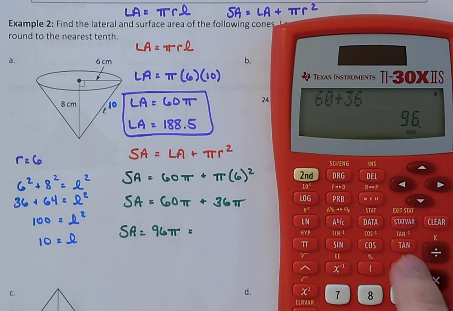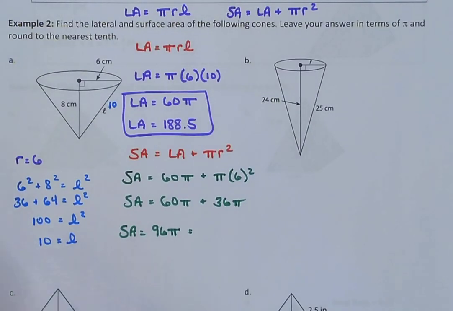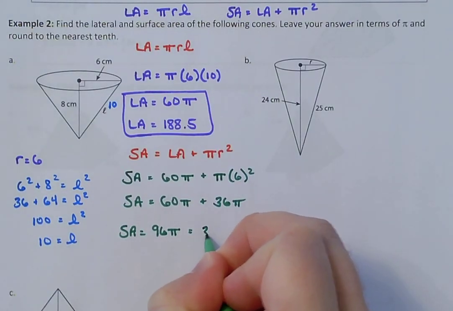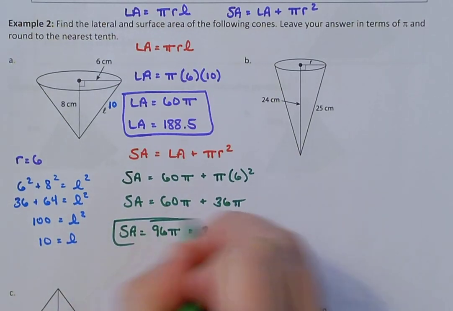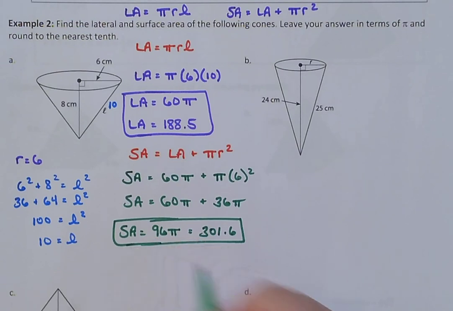And then if we multiply pi in to 96, we end up with 301.6. And that is our surface area in terms of pi and rounding to the nearest tenth.